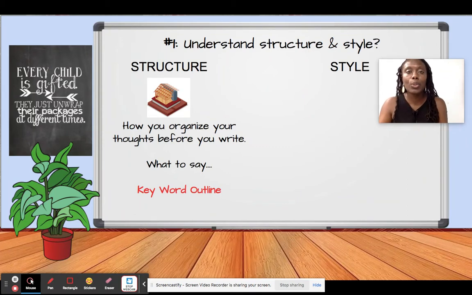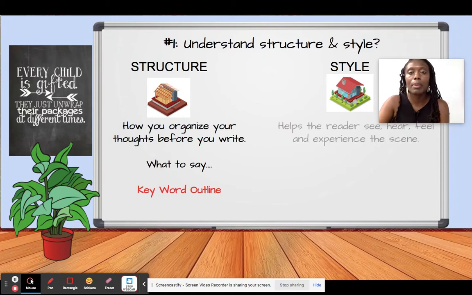Now, when IEW mentions the word style, this is what they mean when it comes to writing. Just like we don't leave a house in frame form, we want a house as a finished product. So, same thing with a paper.